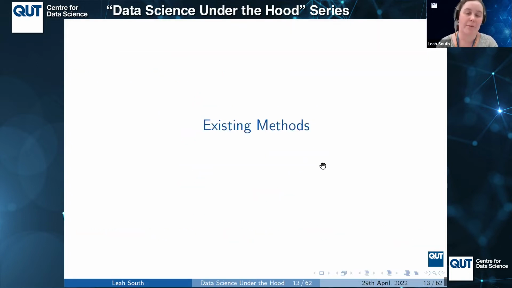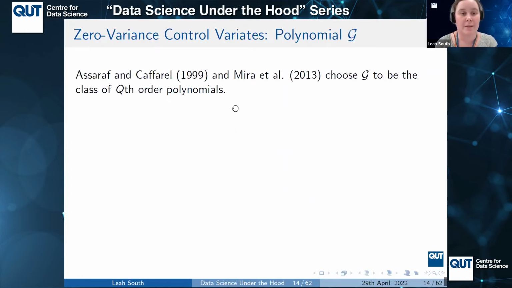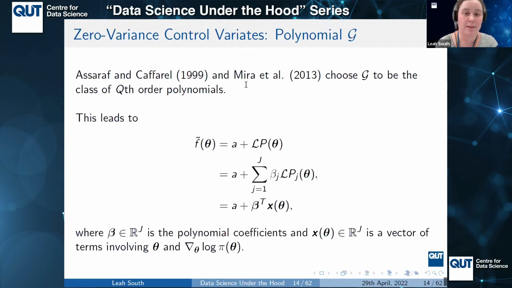Okay, and that's basically what all the existing methods are based on. They're based on picking a different function class. So firstly, there's zero variance control variates. And that's based on picking this function G to be a polynomial. So basically, you plug in a polynomial and you get out that the approximating function looks like this.